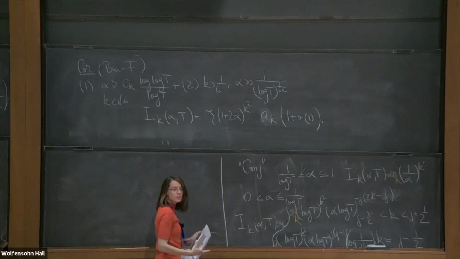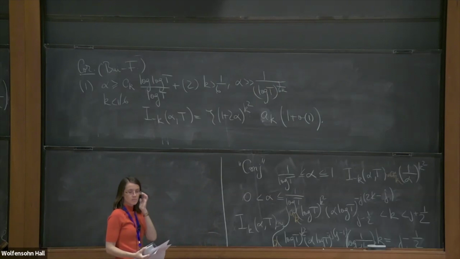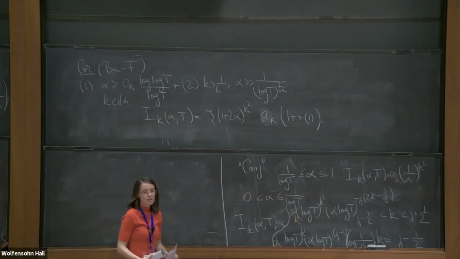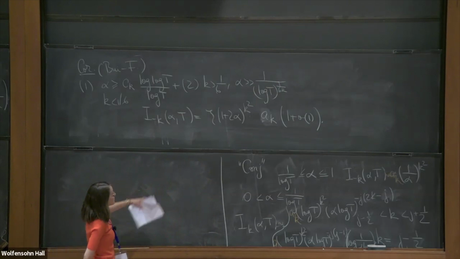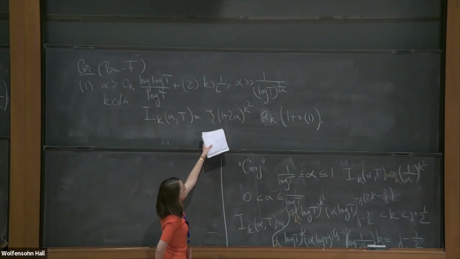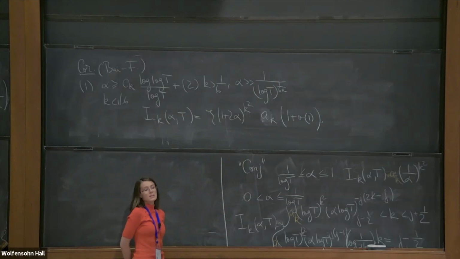In the case of positive moments, the asymptotic formula is a polynomial in log t. Do you expect some rational function? Right, so you have zeta of 1 plus 2 alpha to the k squared as the main term, but maybe there are additional terms. We can't detect those.